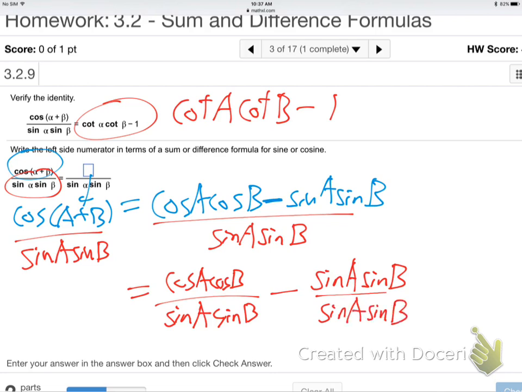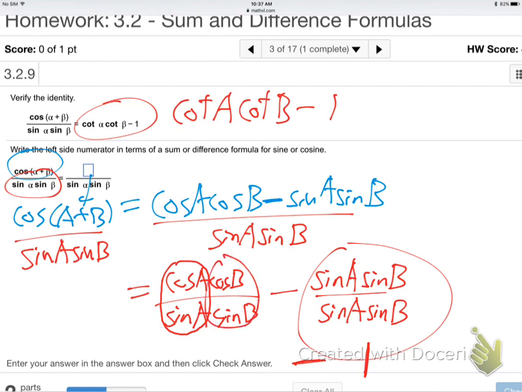We've done this a couple times today already. Separated them over a common denominator. They both have the same denominator, sine A sine B. So I separated them. And now what is this? That's your 1. And now, what is cosine divided by sine? There's two separate cosine over sines there.